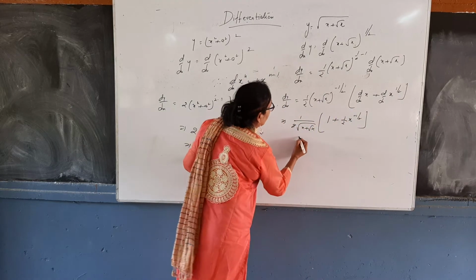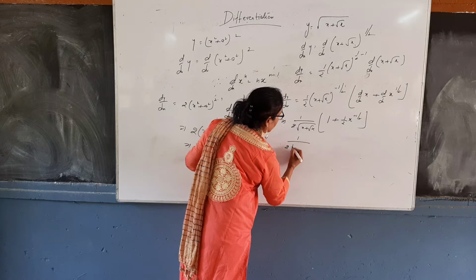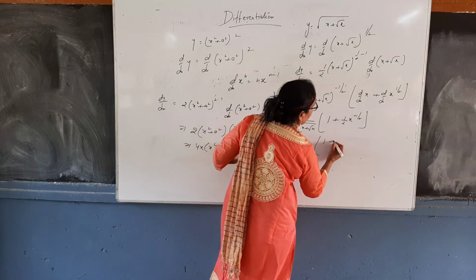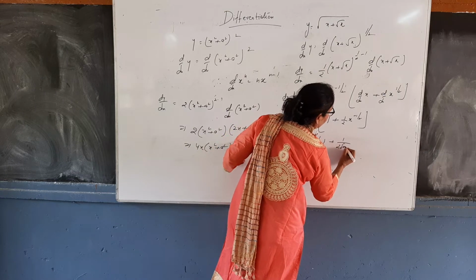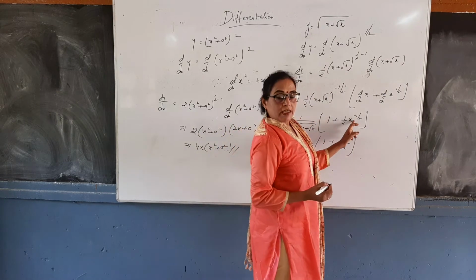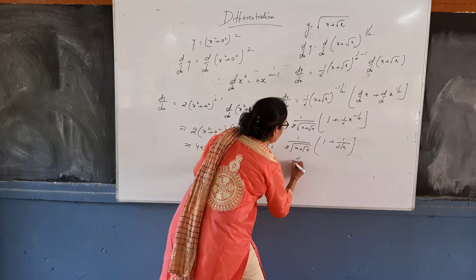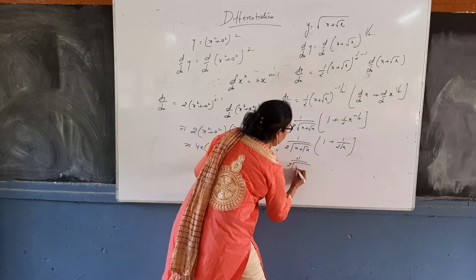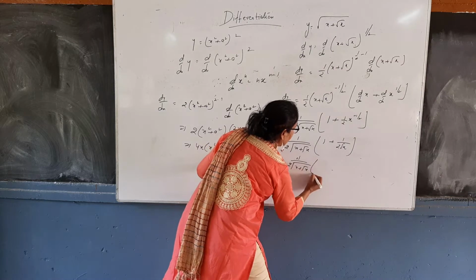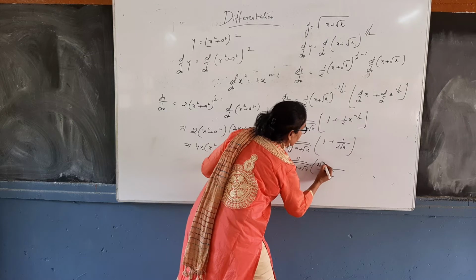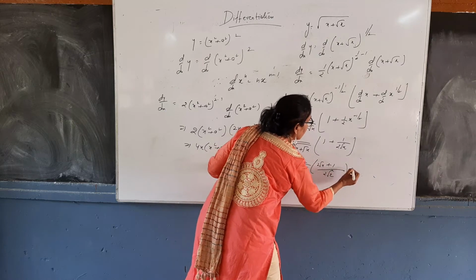Further it is 2 into under root x plus under root x, and here 1 plus 1 upon 2 under root x, since x raised to minus 1 by 2, take it in the denominator. From here, 2 into under root x plus under root x, and here take LCM 2 root x, so it will be 2 root x plus 1. So this is the answer.